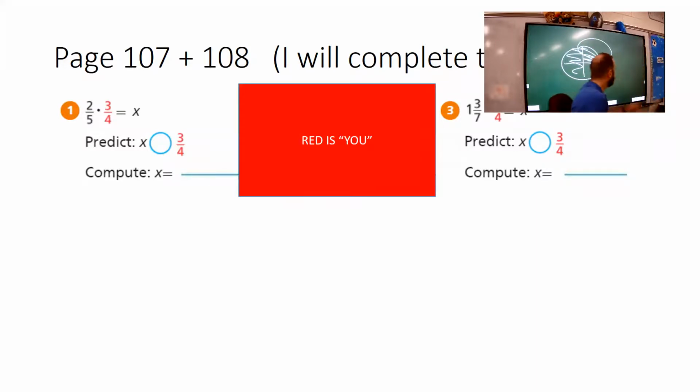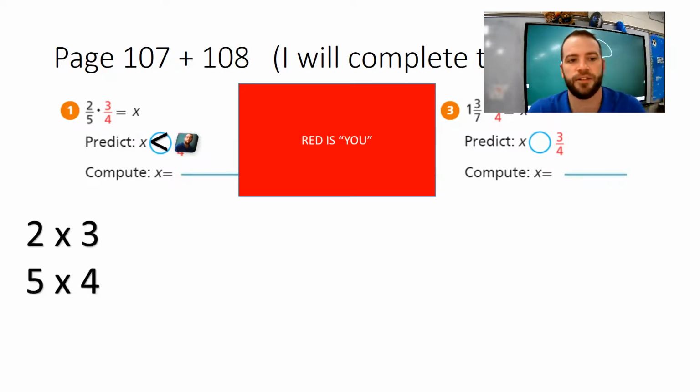So when you take 2/5 of it, you're only getting a fraction of what you were. So therefore, the answer is going to be smaller than whatever you were, because you're taking a fraction of yourself.